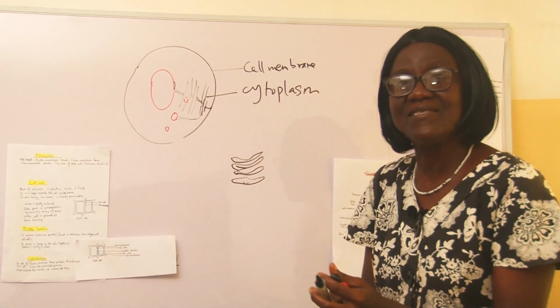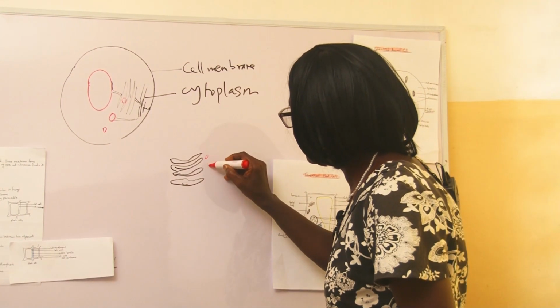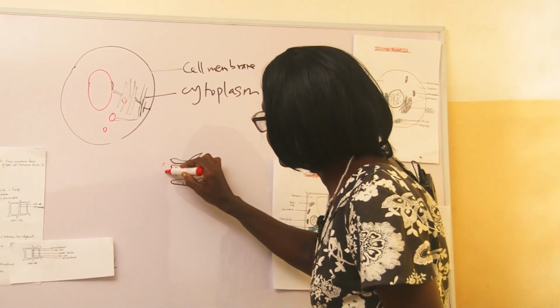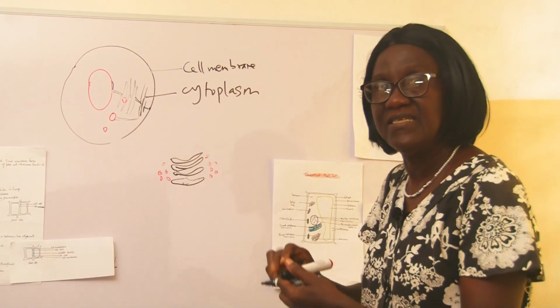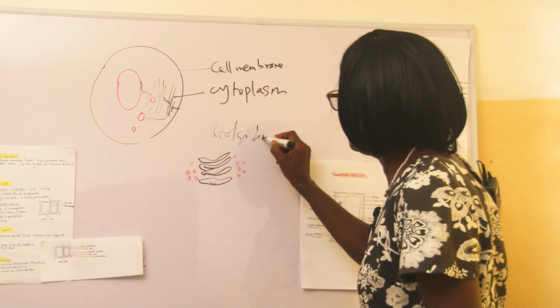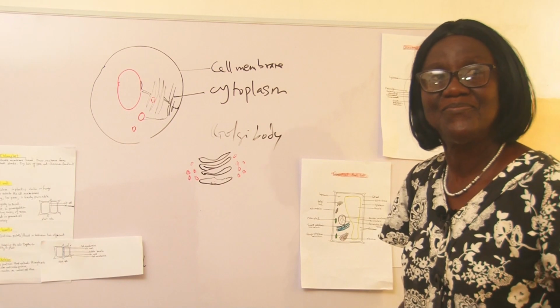And it has tiny membrane bound structures called vesicles at their sides. So this is a Golgi body, and it's also inside the cell.